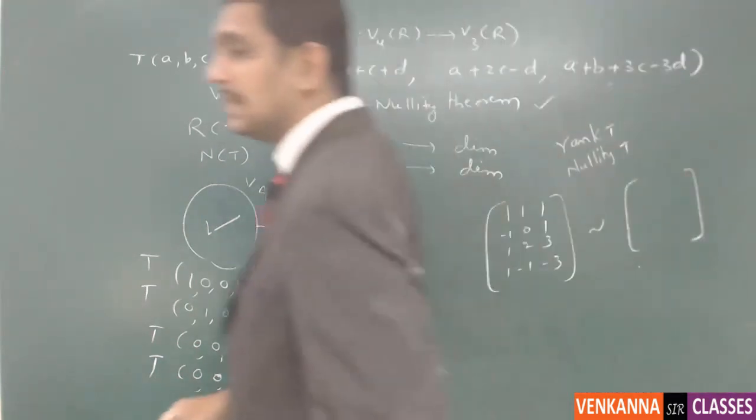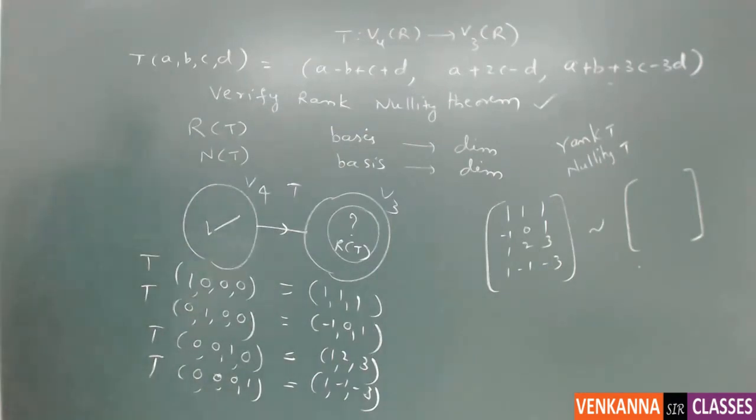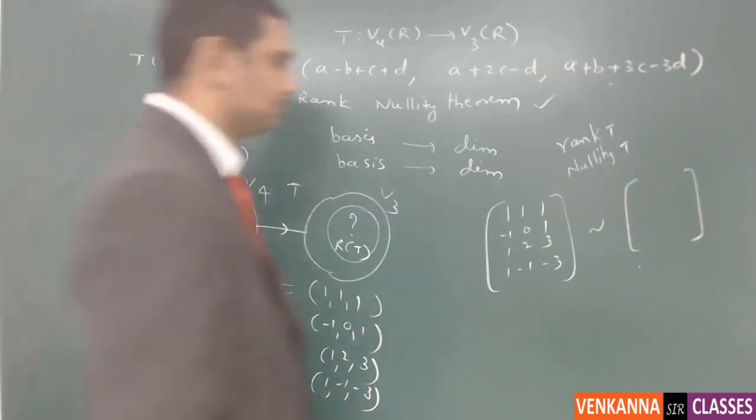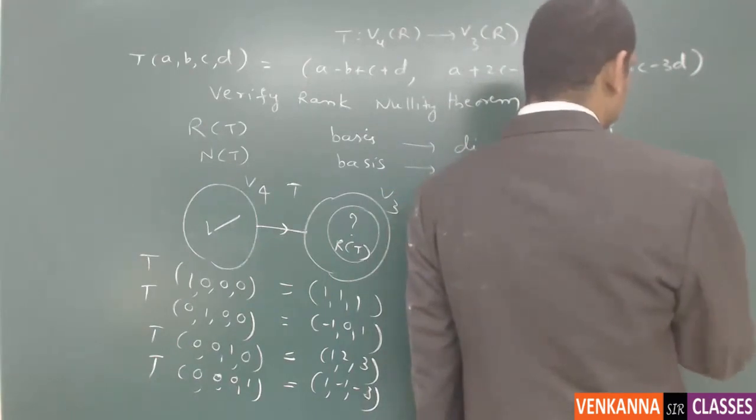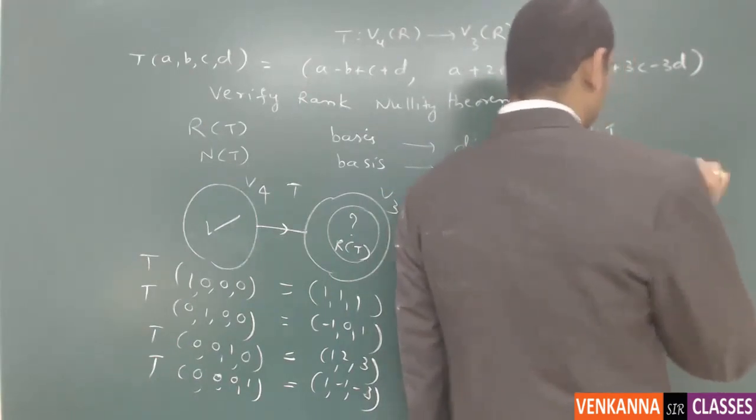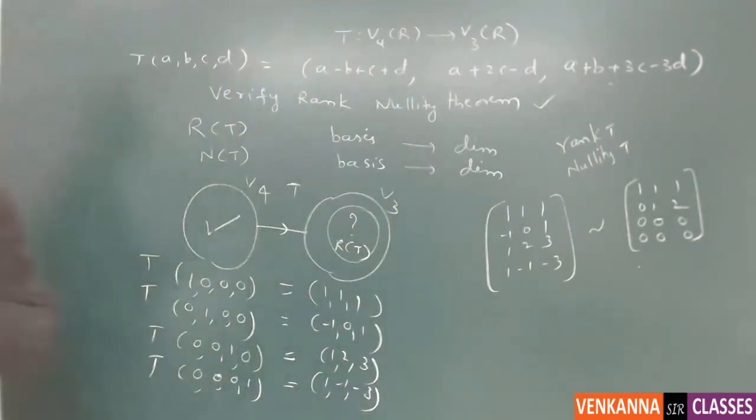You can apply the row operations very easily. It is possible for you. So I will simply write the output. You can check with that. Please check that. I think you are able to apply the row operations. Are you? Or you want me to apply them?